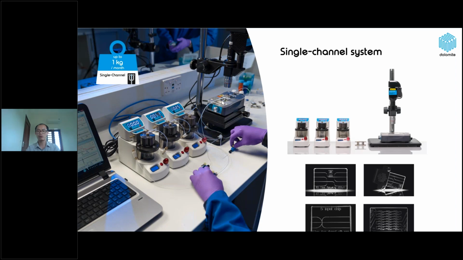With different applications, we also use different microfluidic chips. For example, with the 3 flow focusing microfluidic chip or the droplet junction chip, we can make droplets and microparticles. Or with the 5 input chip or micrometer chip, we can generate nanoparticles with the flow focusing method.